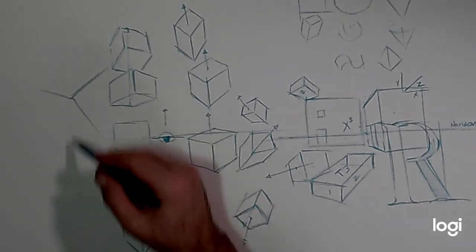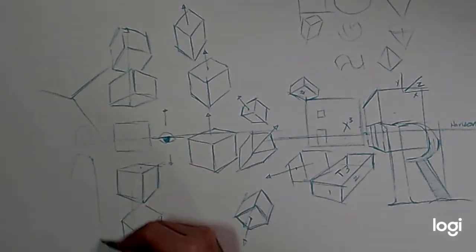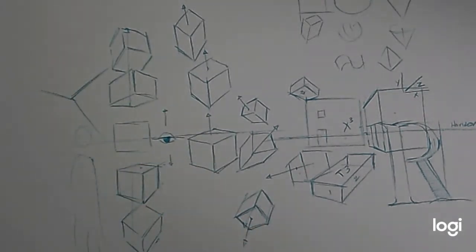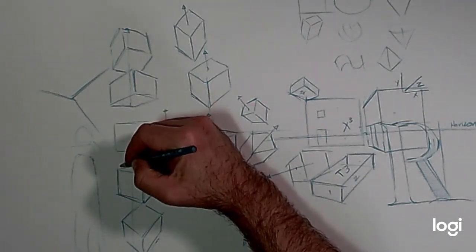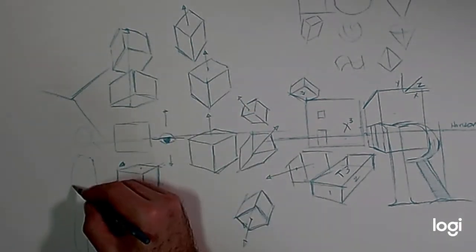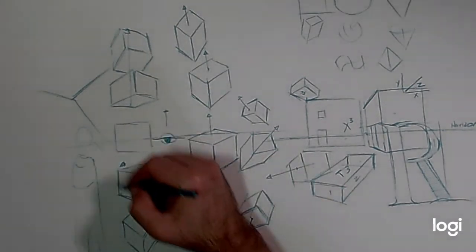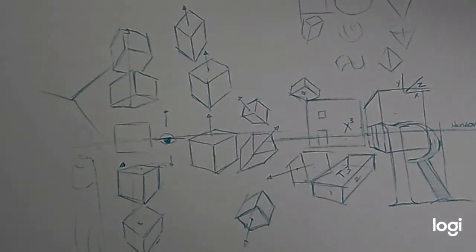So if we imagine a viewer, like here's a viewer, and they're standing right there, when they look at this cube here, they don't see that much of the top, whereas when they look at this one, they see lots of the top, okay?